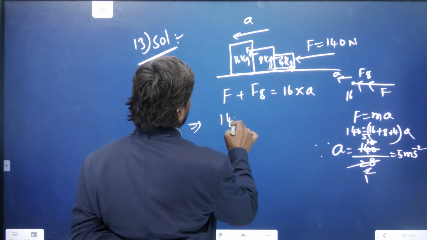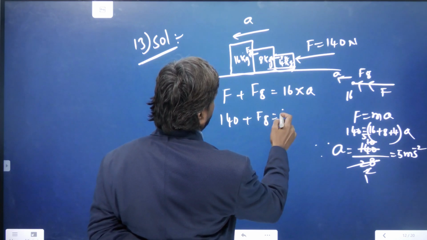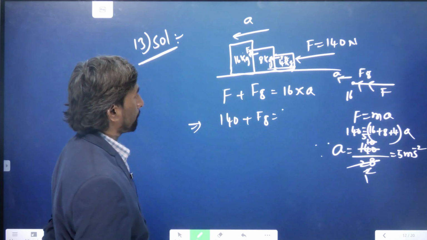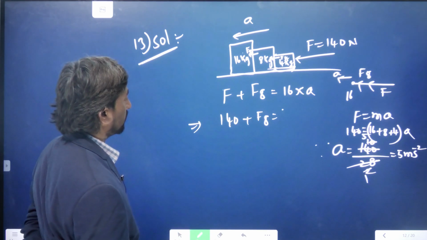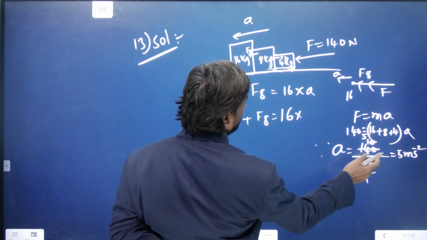This is 140 plus F8, which we should find out. Force F8 is 16 into 5.